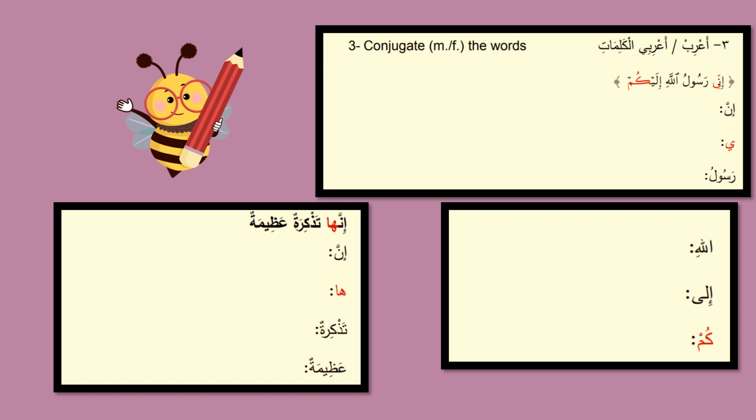The first thing you should see is it's the jumla for inna. So we have inna and ism inna. The attached pronoun with inna will be in the position of ism inna. Then we have khabar inna, and Rasulullahi is actually an idafa. So the whole thing will be considered as khabar inna. Ilaykum is something extra. So let's do the i'rab first.